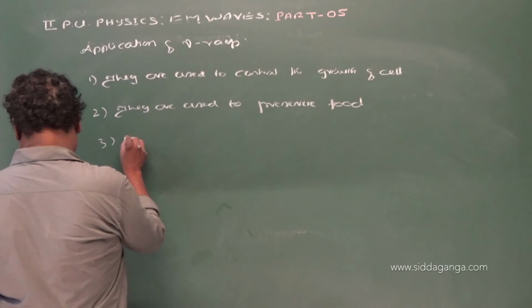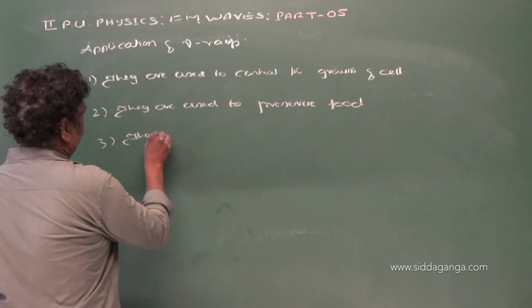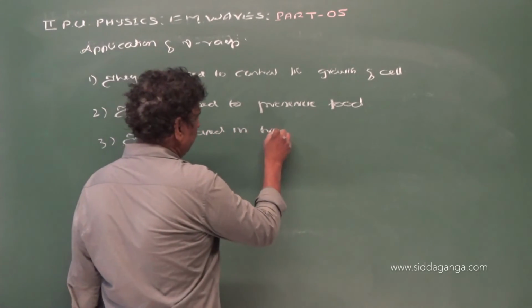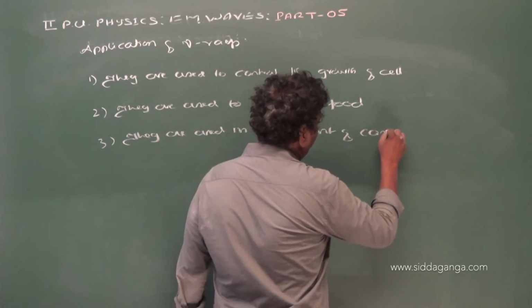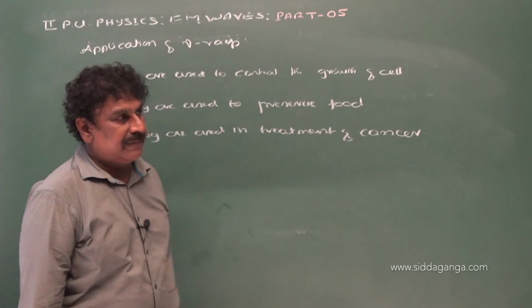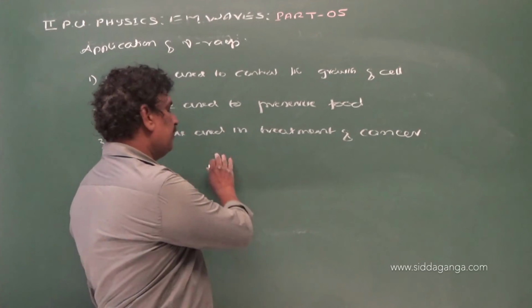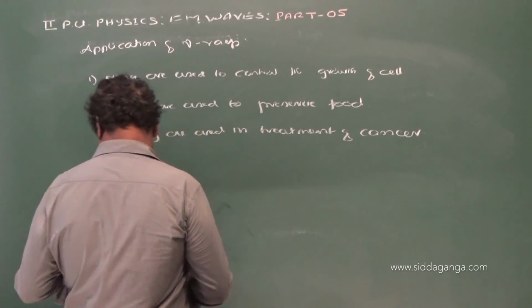Number three, they are used in treatment of cancer. Generally, cancer affected persons can be treated by exposing them to gamma radiation.